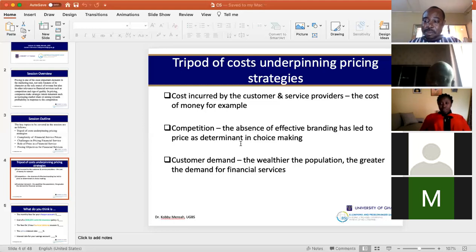If so, to what extent would your 120 Ghana cedis be appealing to consumers or be a barrier? Are you with me? So again, you are shadowing what competitors are doing as another variable in your price determination. And then of course, the demand, that is the customer's ability to afford your product, is also a consideration.